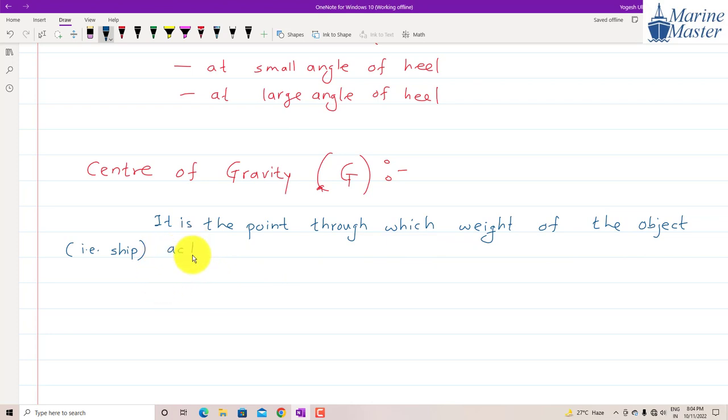It is the point through which the weight of the object, that is ship, acts, how?